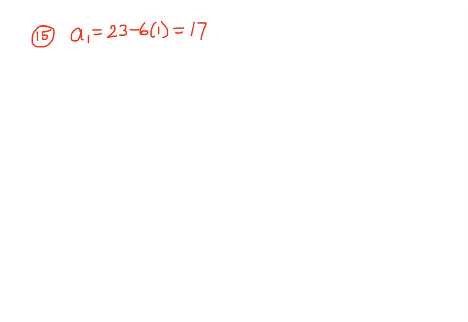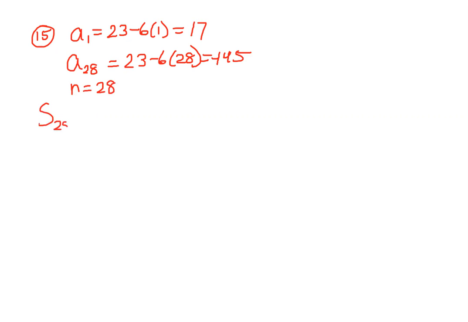And we need the last term, which is 28, where we put a 28 in for N, and we're going to get -145. And N is 28. So we're going to say S28 equals N times the first term plus the last term, over 2, and you should get negative 1792.